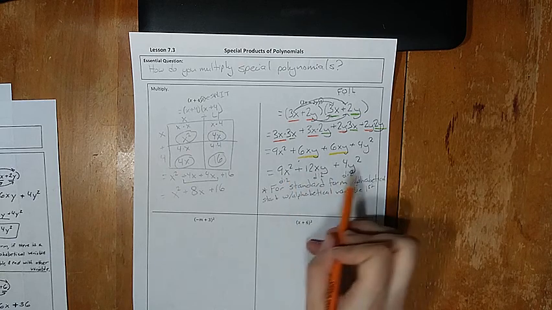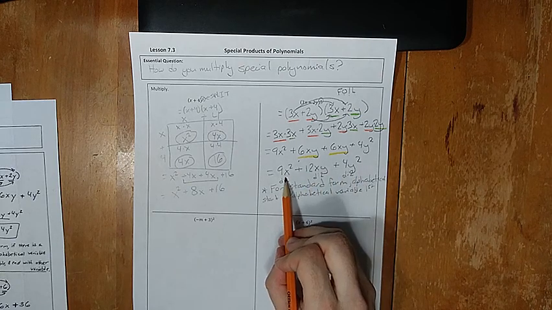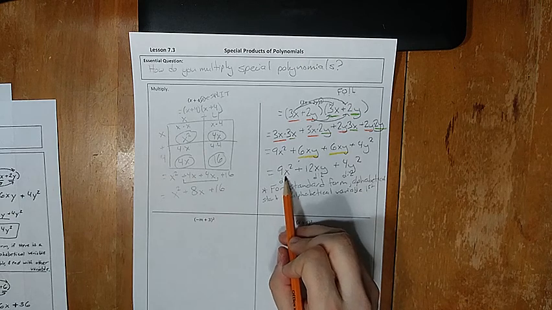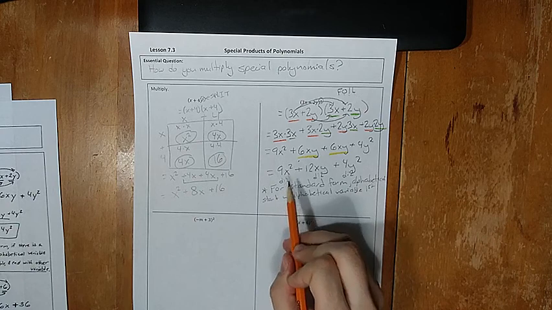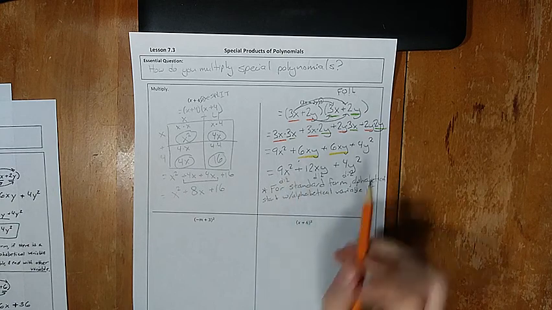So in this case, which comes first, x or y? Well, x comes first, so we're going to write x first. This one only has x, and it's the highest degree, 2. So we're going to start with our 9x squared first.